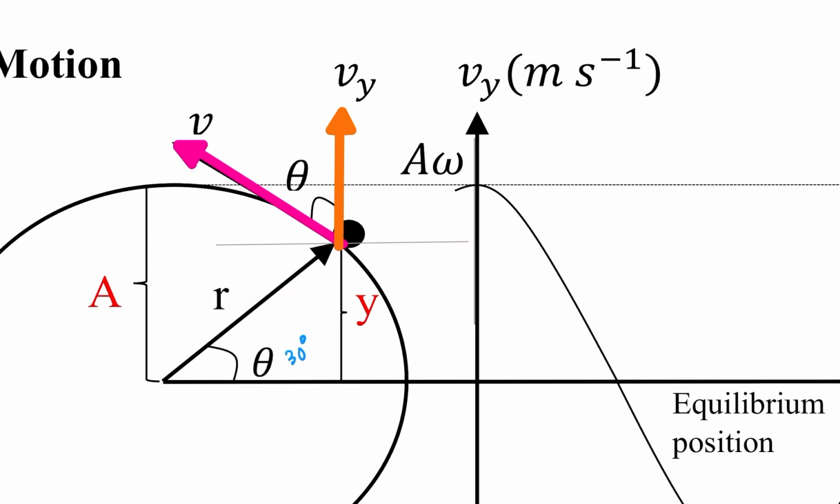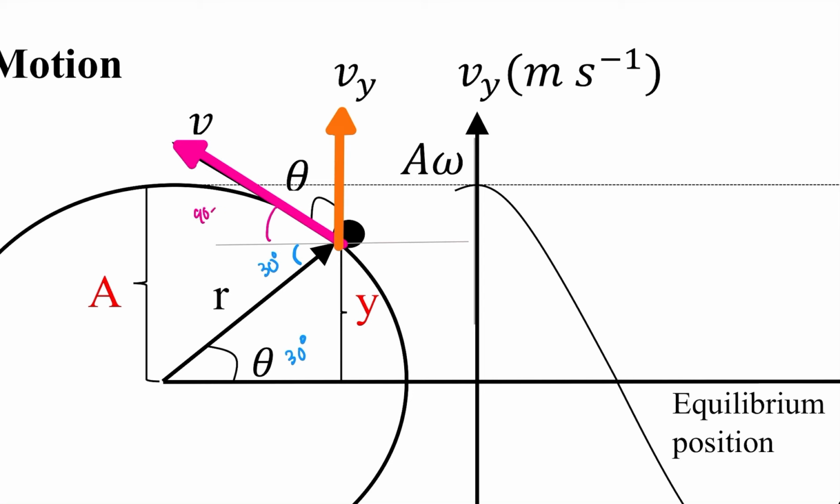So kita boleh kata atas ni adalah 30 juga. Because velocity is tangent to the circle, tangent ni mesti 90 darjah daripada radius. So sini mesti 90 darjah, ni dengan sini 90 darjah. So sini jadi 90 tolak 60.